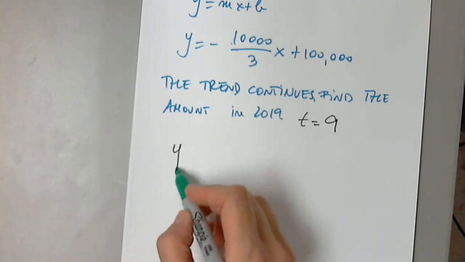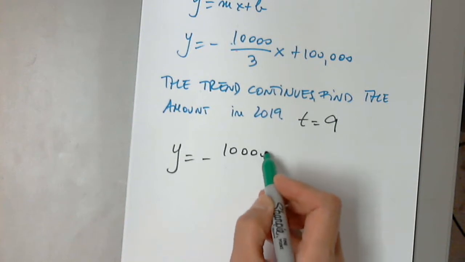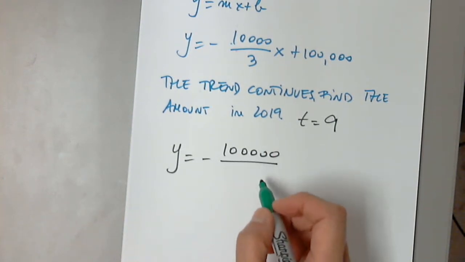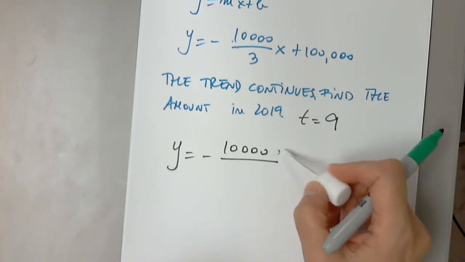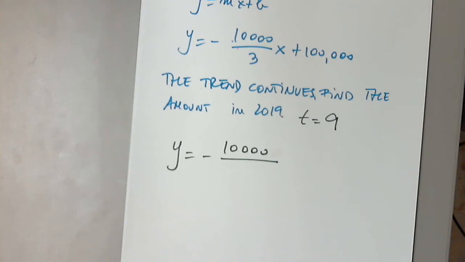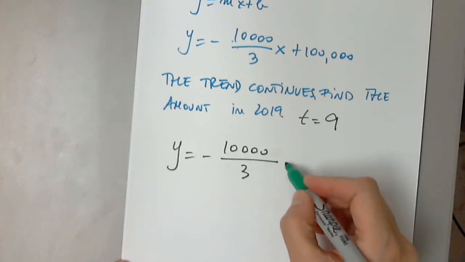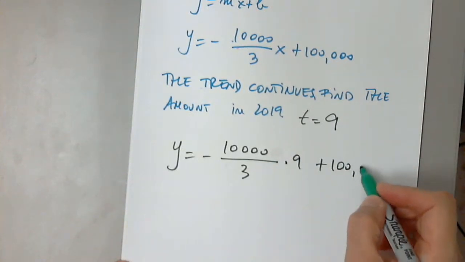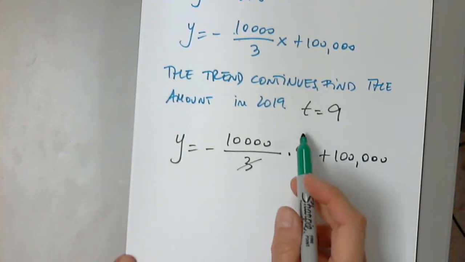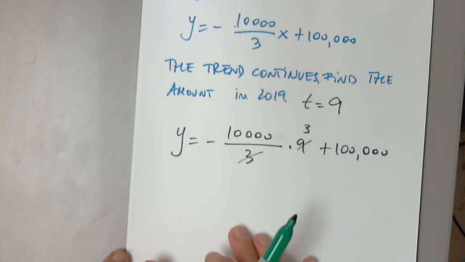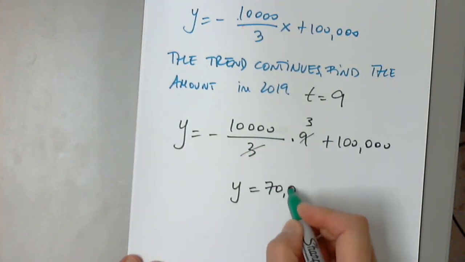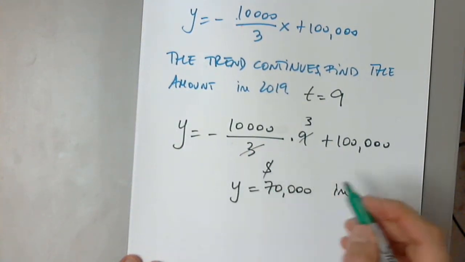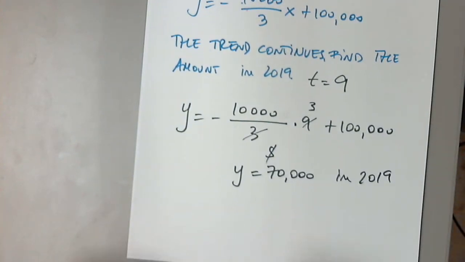So all you have to find is y equals negative 10,000 divided by 3, sorry, times 9 plus 100,000. So I'll simplify. So this is 100,000 minus 30,000. So y will be 70,000 in dollars in 2019.